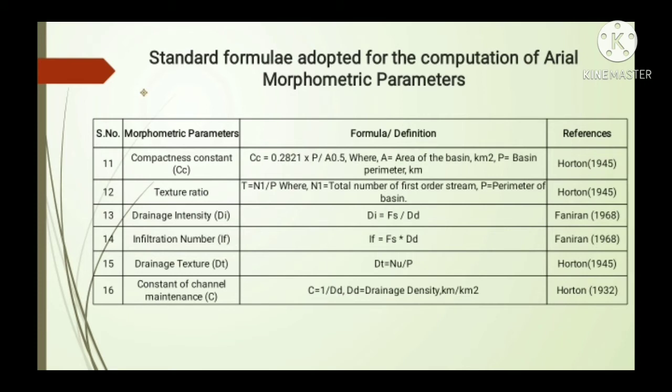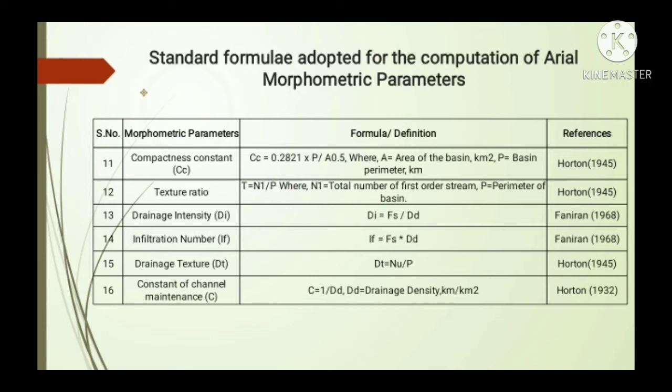It is the ratio of watershed perimeter and the circumference of the watershed area. When its value reaches 1, it implies the watershed shape corresponds to a perfect circle. A value of 1.3 implies the watershed is more square shaped, and when its value is greater than 3, the catchment is interpreted as narrow and elongated.